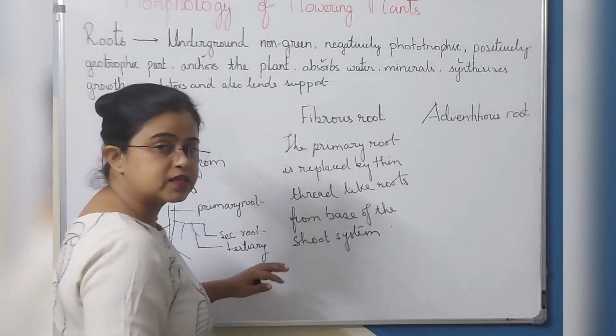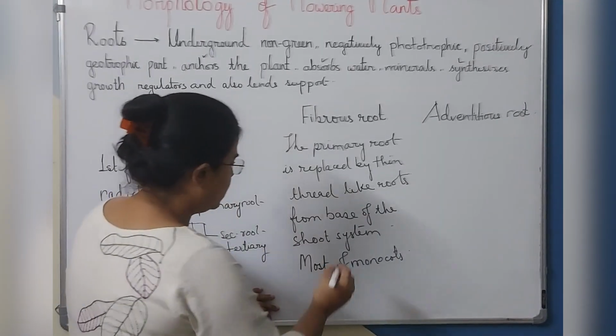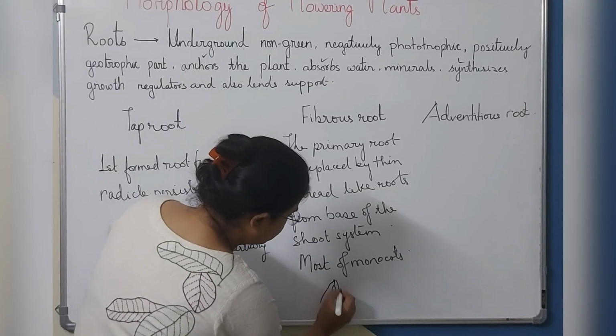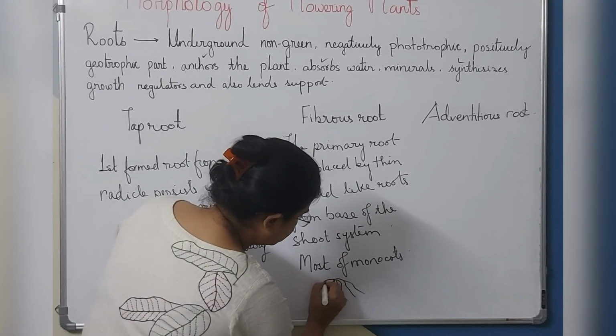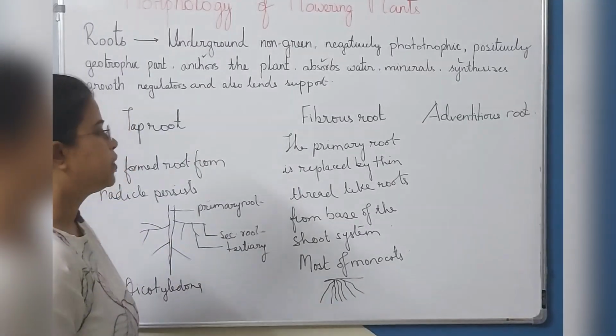That is fibrous. Where? Most of the monocotyledons. How do they look? Like if we look at the roots of grass, this is the soil, many thin fiber-like roots, right?